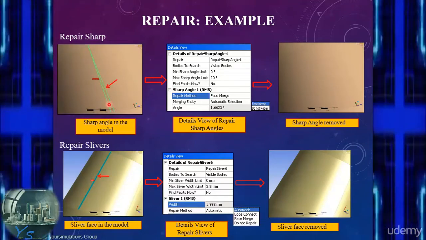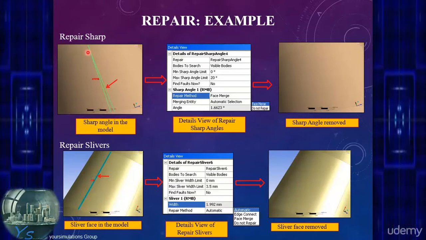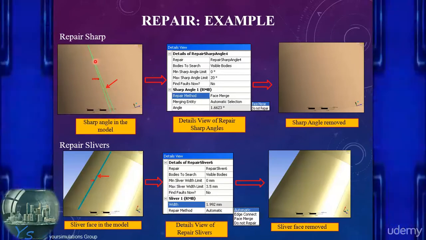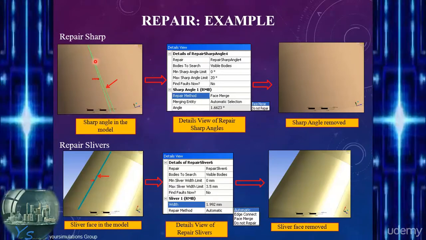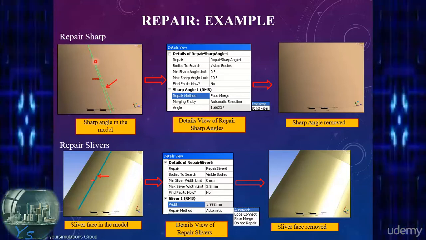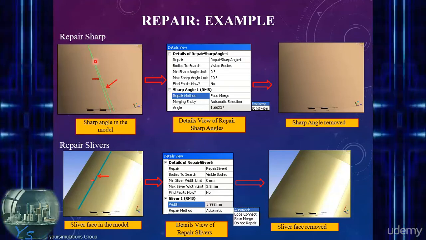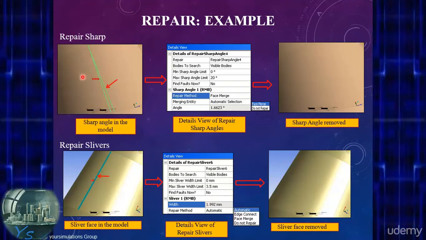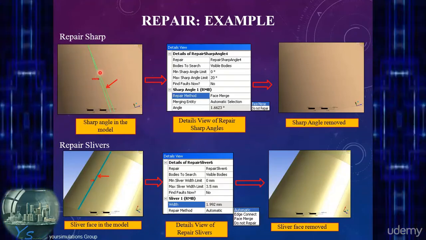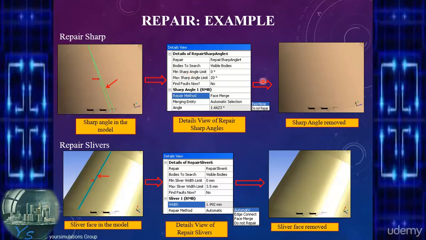Having these sharp angles would cause problems with the surface mesh and a deterioration of quality in the solution as a result of the poor quality surface and volume mesh. So it's desirable to try and remove these geometric features as has been done in this example here.